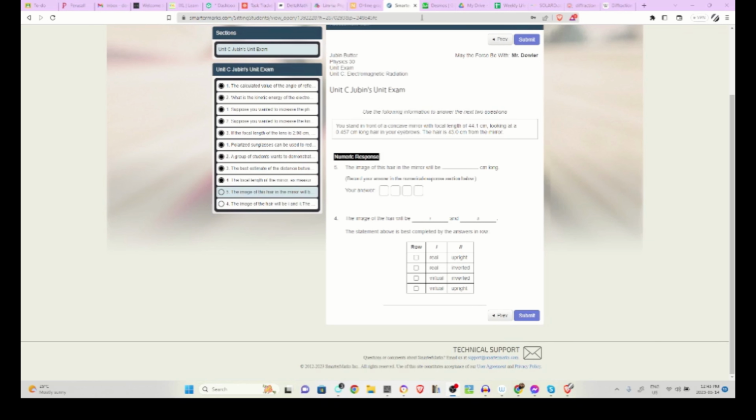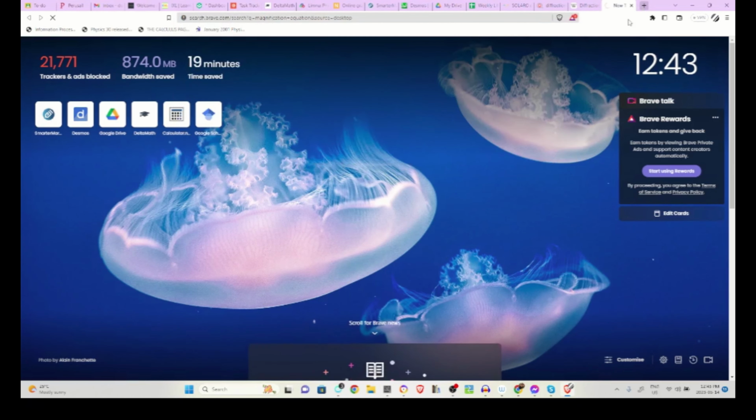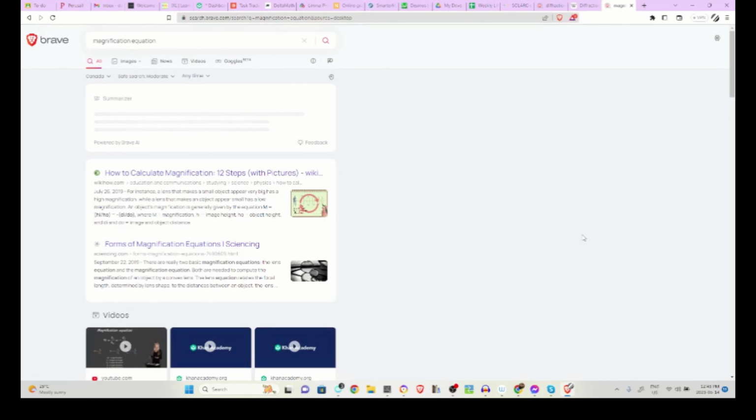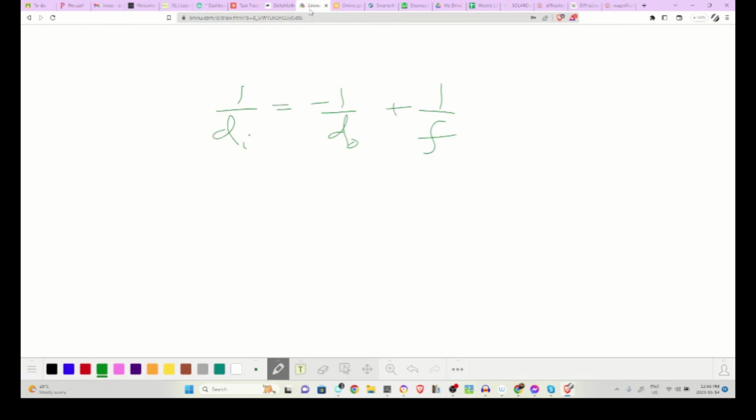Okay. So, let's find our magnification equation. HI over HO is negative DI over DO. Okay, so HI over HO is negative DI over DO.